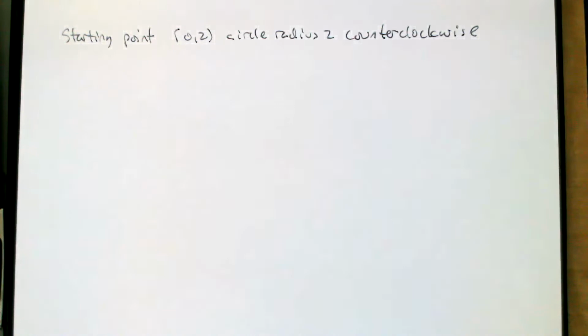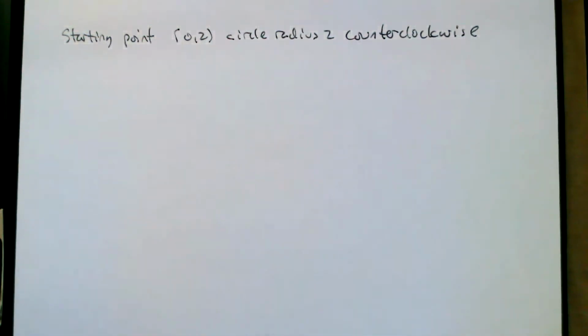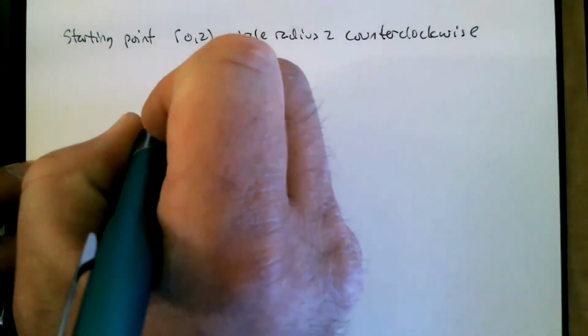So let's investigate the starting points. What we have is a circle of radius 2 going around once, and we've parameterized this circle.